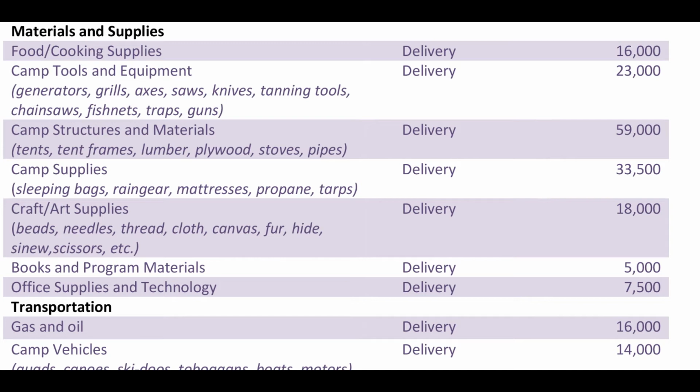Also, you can look at structural materials such as tents, tent frames, lumber, plywood, stoves, stovepipes. Those would be eligible as well. Other camp supplies such as sleeping bags, rain gear, mattresses, propane, tarps, all part of that whole on-the-land experience.